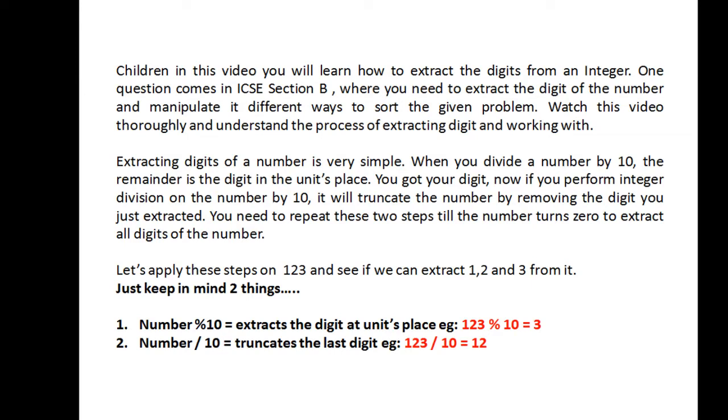And step 2 is number divided by 10. You're doing integer division, so it will truncate the last digit. 123 divided by 10 will give you 12. So these two things you have to keep in mind when you are working with digits.